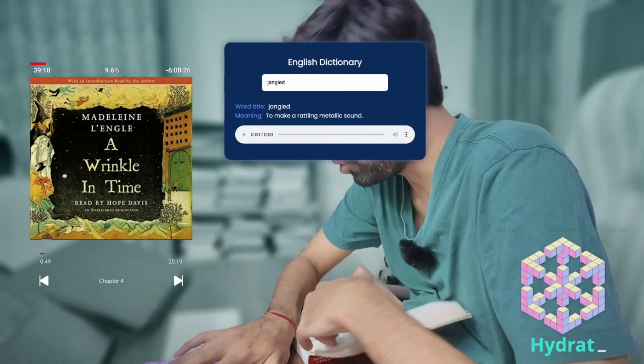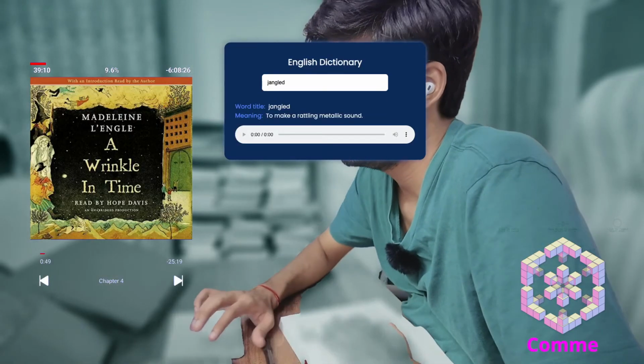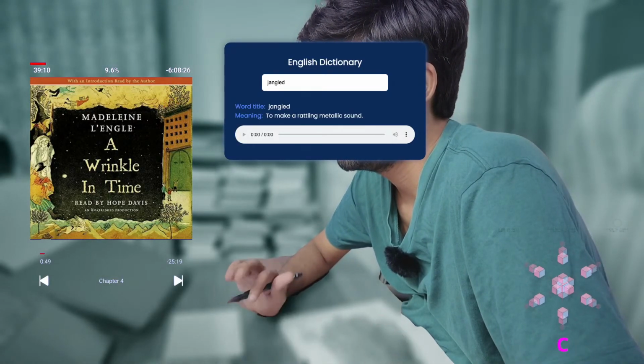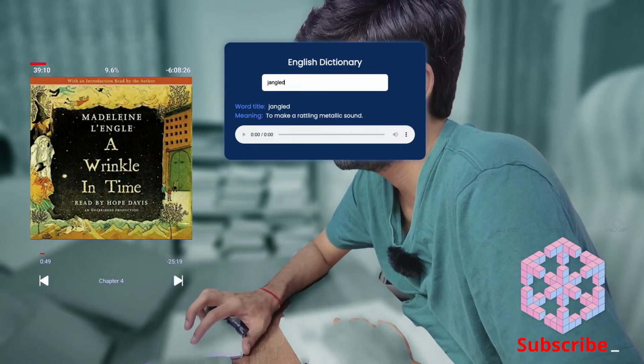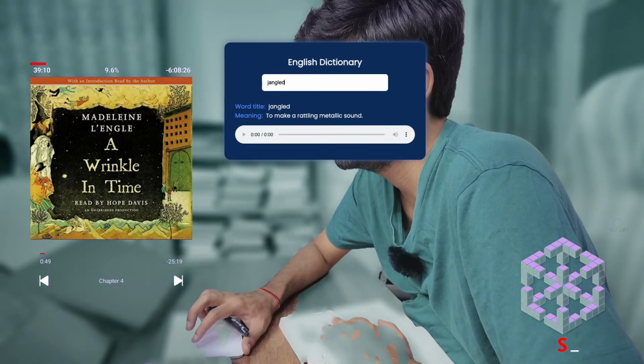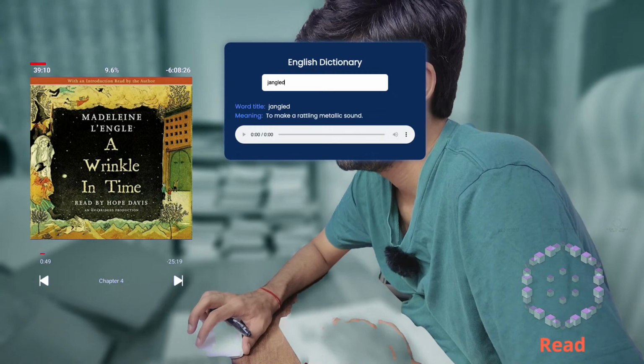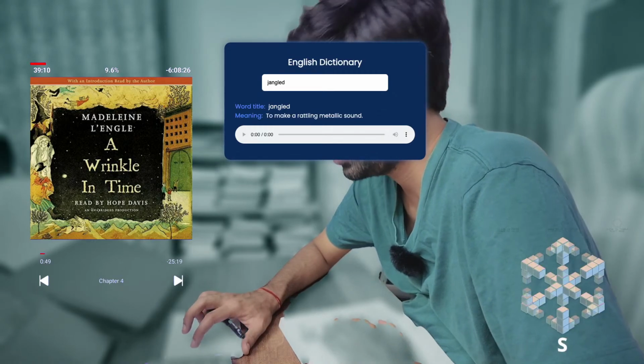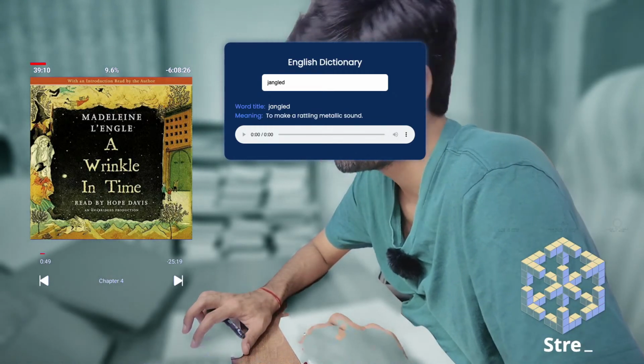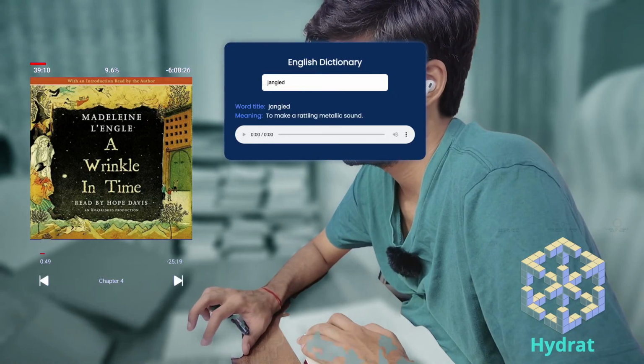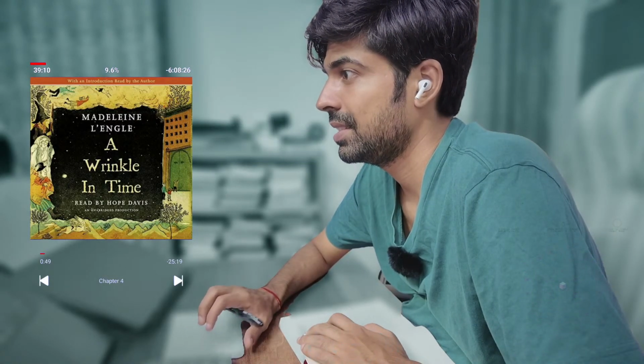Jangled. Jangling alarm. Make a rattling metallic sound. Maybe because I don't use those kinds of alarms anymore. Okay. Continuing.